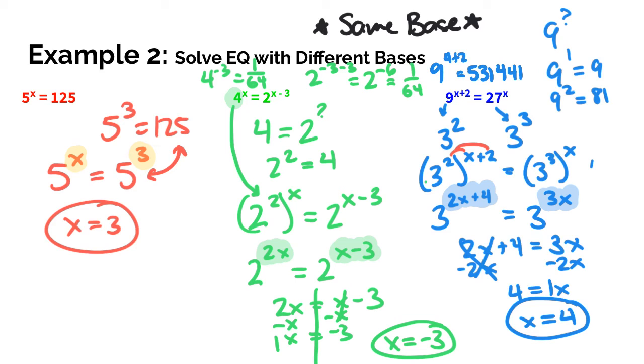And if I took 27 to the 4th power, I get 531,441. So I figured out the value of x that would make both of those expressions equal to each other. What I did is I just used a property of equality that said the bases need to be the same as well as the exponents need to be the same. And I just worked my problem that way.